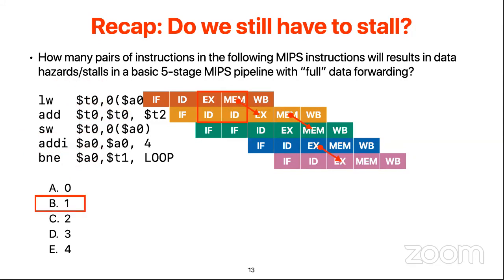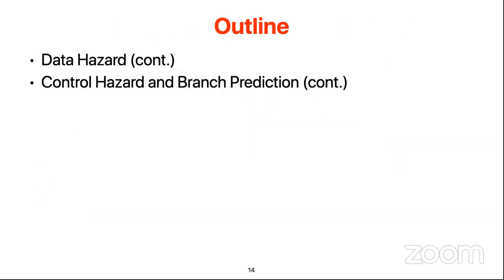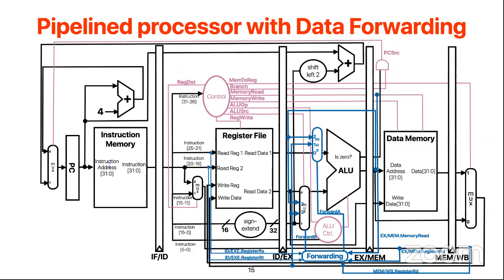All right. So with this question, you can see we still have one case that we need to stall, that is after the load. Because of that one case, in addition to the data forwarding unit, we need the data hazard detection unit like this.